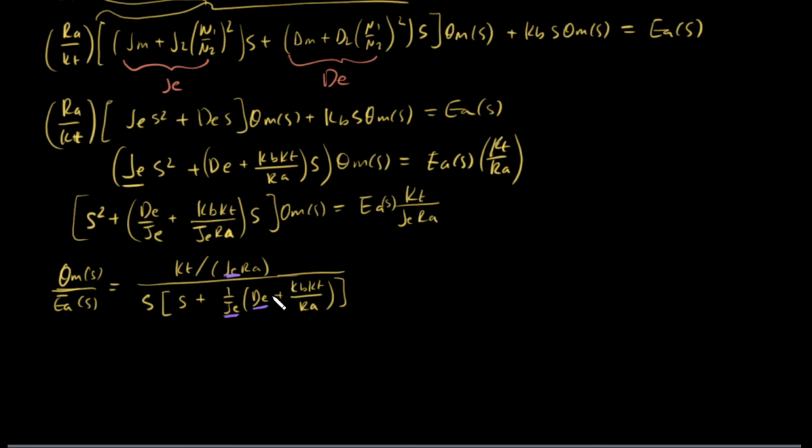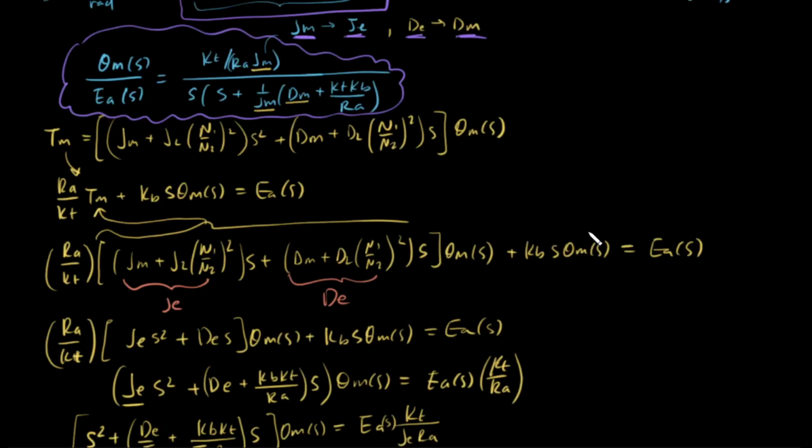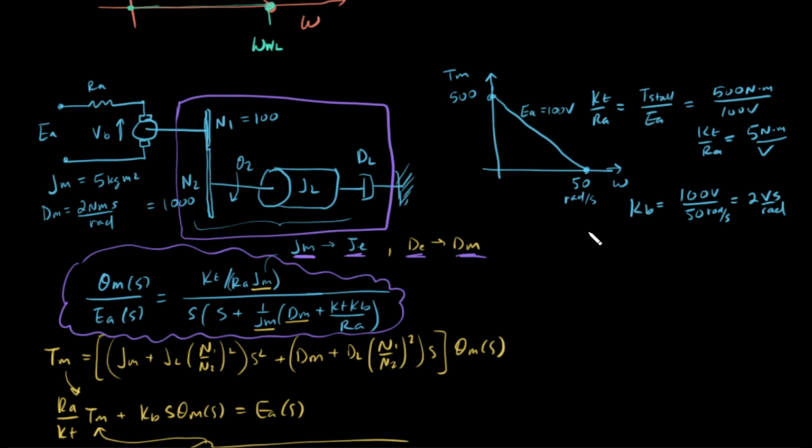Okay. So at the end of the day, if we plug our values in, we can say that JE is equal to JM plus N1 over N2 quantity squared JL, and this is equal to 5 plus 700, and let's make sure we put all of our numbers here. So in this case, JL is equal to 700 kilogram meter squared.